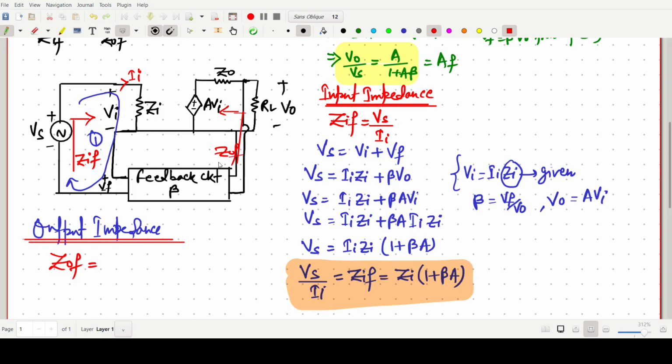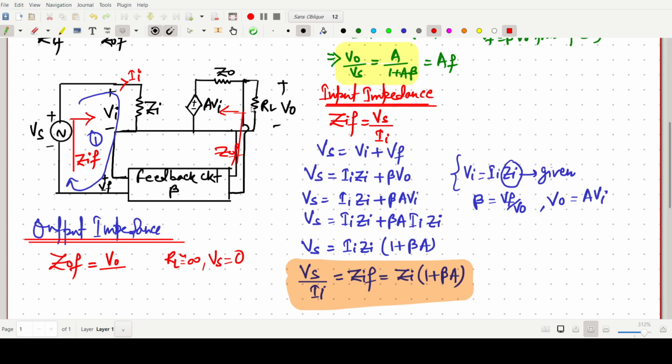Now for the Z naught F, the output impedance is nothing but simply output voltage. The voltage connected to the load side is our V naught, and RL we have to take as infinity for the output impedance calculation, and Vs we have to make short circuit.